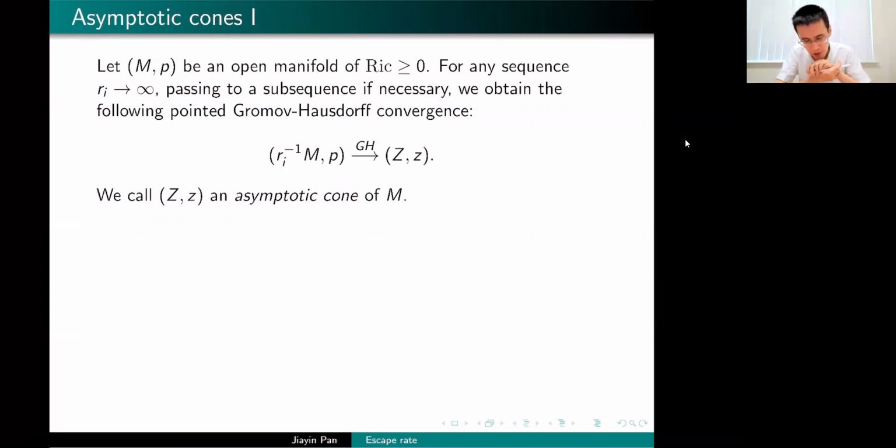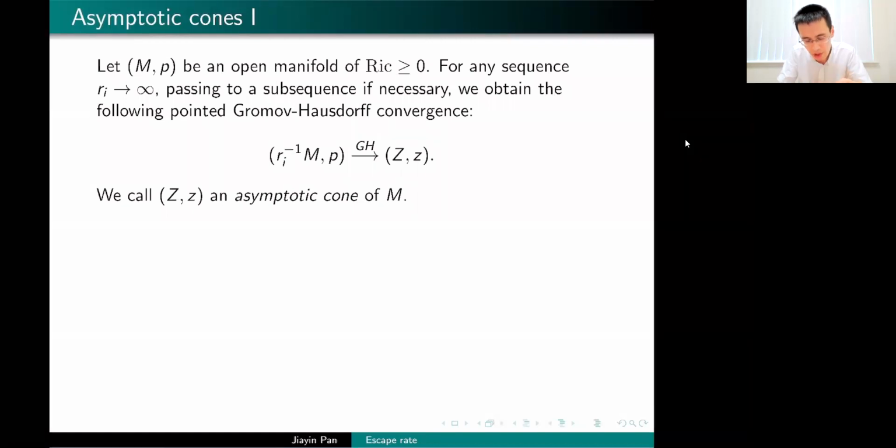For an open manifold of non-negative Ricci curvature, we can use pointed Gromov-Hausdorff convergence. For any sequence r_i going to infinity, we can always pass to a subsequence such that r_i inverse times M, p, rescaling everything back, or blowing things down, converges in the pointed Gromov-Hausdorff topology to a pointed limit space Z. We call this Z an asymptotic cone of M.